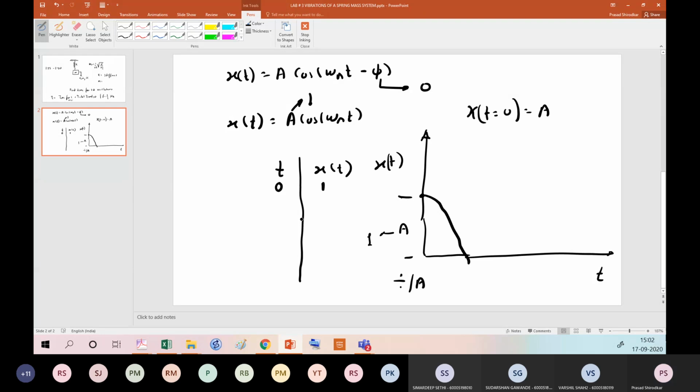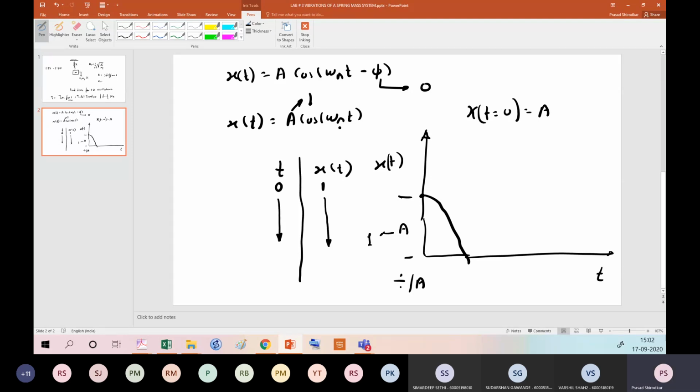Now go on increasing the value of t incrementally by very small values and calculate the corresponding value of x(t).